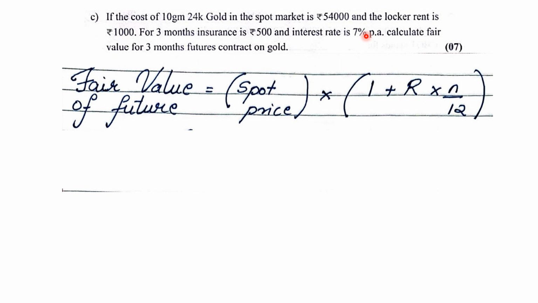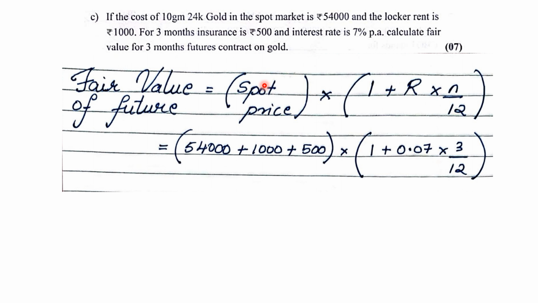The rate is 7%, so that becomes 0.07, and the number of months is 3. So when you total it up, it comes to 54,000 plus 1,000 plus 500 into 1 plus 0.07 into 3 divided by 12. So spot price into the simple interest.